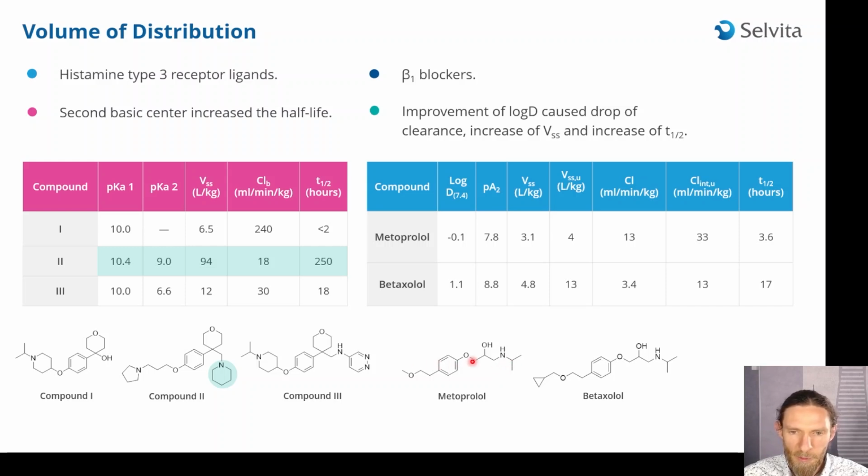So what could be modified? Another side of the molecule, the methoxy group, which was extended up to this cyclopropyl moiety. This allowed an increase of lipophilicity by 1 log, which had an impact on the clearance and volume of distribution, and also increased half-life up to 17 hours.